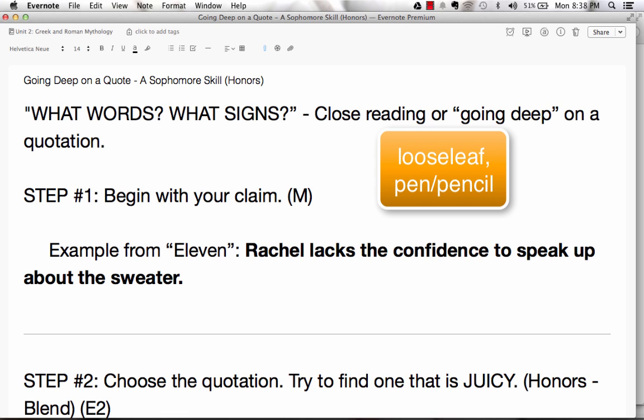So the materials that you need are a piece of loose leaf paper and a pen, and you're going to take notes on the steps.